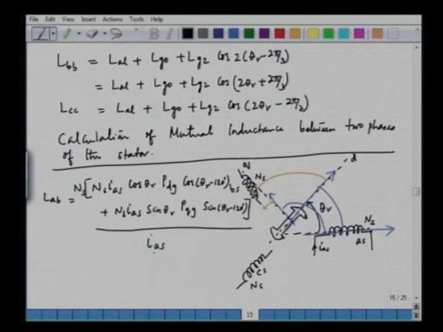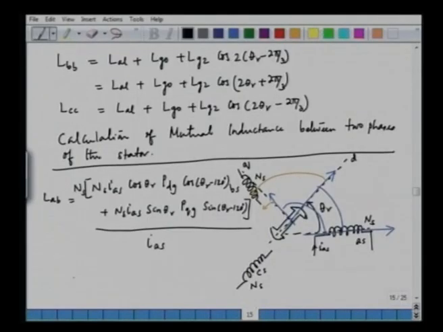So, if we solve this expression, we will get the mutual inductance between phase A and phase B of the stator. Okay. So, if we simplify this expression, let me just give you the final value here.